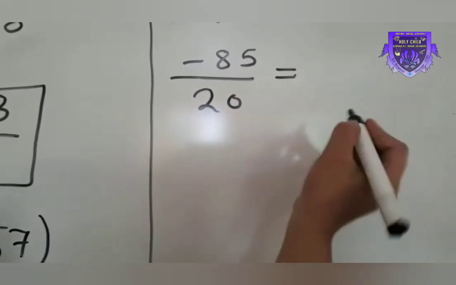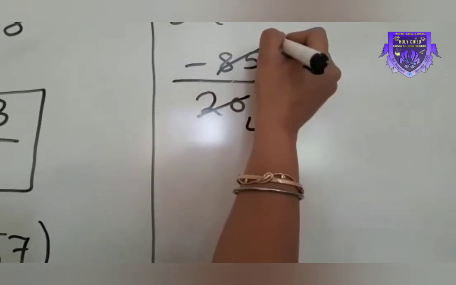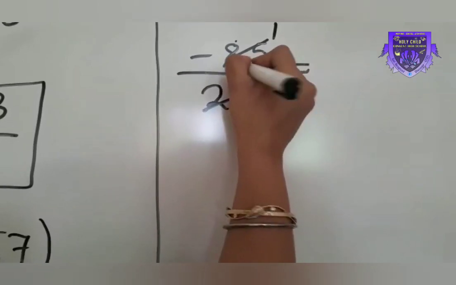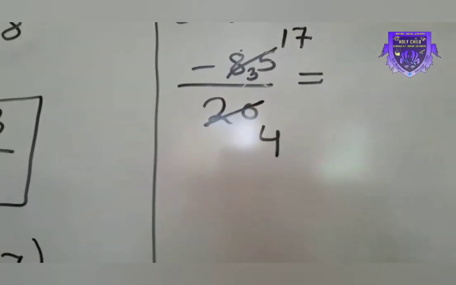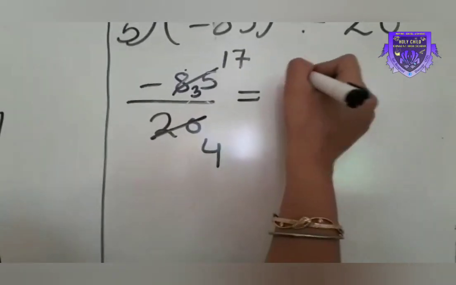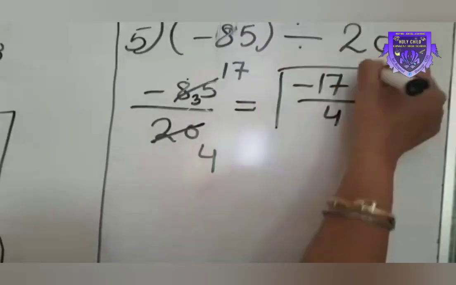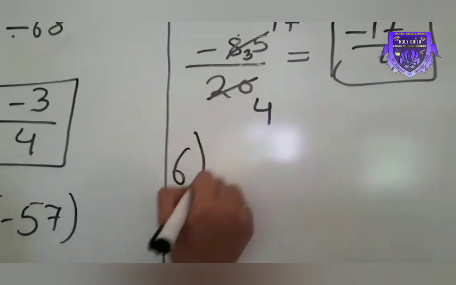So 5 fours are 20. Here 5 what? Ones are 5, 35 will remain. 35 comes for 7 times. 5 sevens are 35. So we will get the answer minus 17 upon 4. Okay, understood?